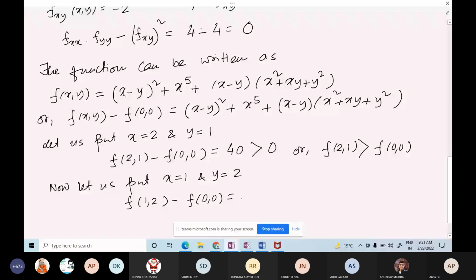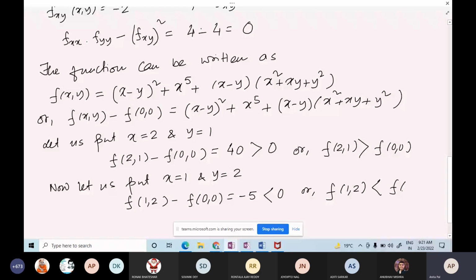Minus 5. So this is less than 0, or I'll say that f(1, 2) is less than f(0, 0).